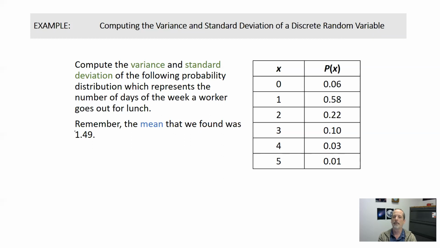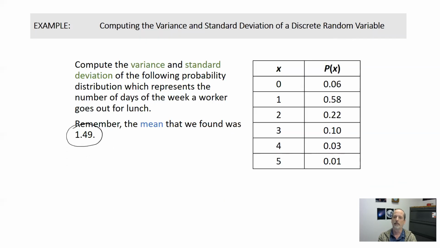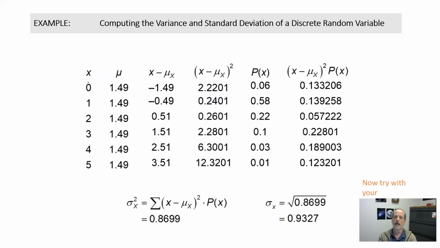Okay, so remember that the mean that we found earlier was 1.49. So this is again the workers going to lunch number of days a week. So this is consistently 1.49. 0 minus 1.49 is negative 1.49. So the parts I need, I'm building as columns.